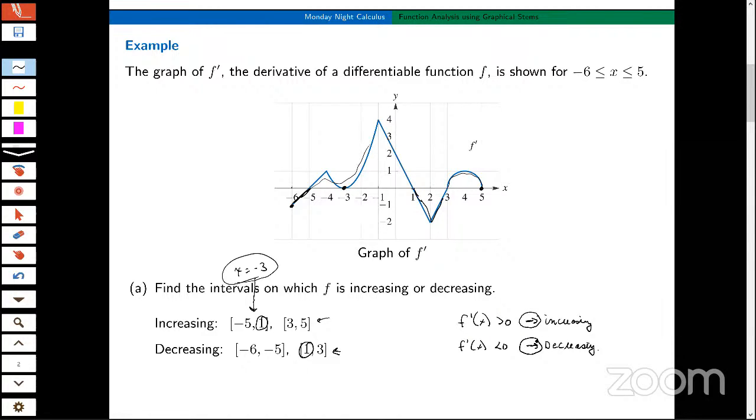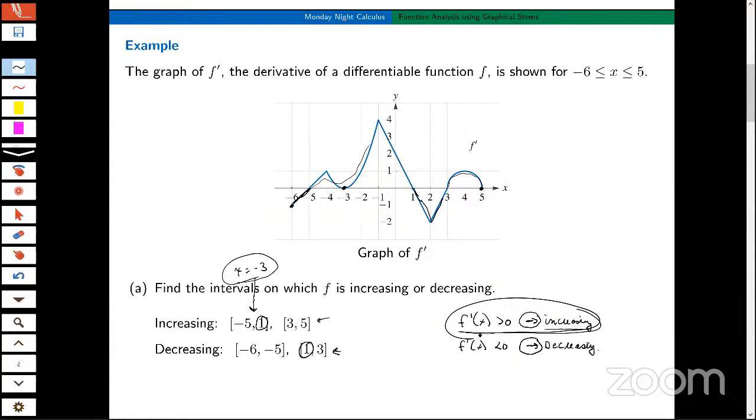So it doesn't say that if f is increasing, then f prime of x must be greater than 0. That's not the implication. So going in this direction gives me most of the places, but I also have to consider these endpoints, or these places where the derivative is 0 or does not exist.